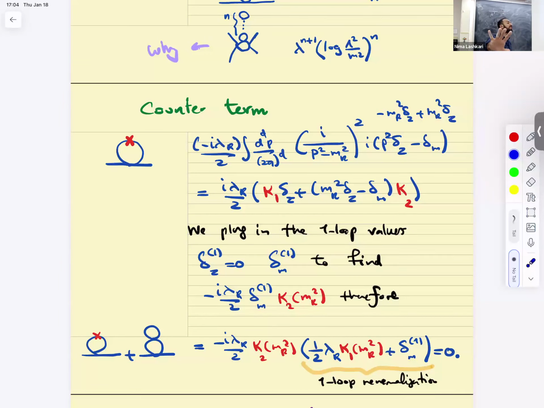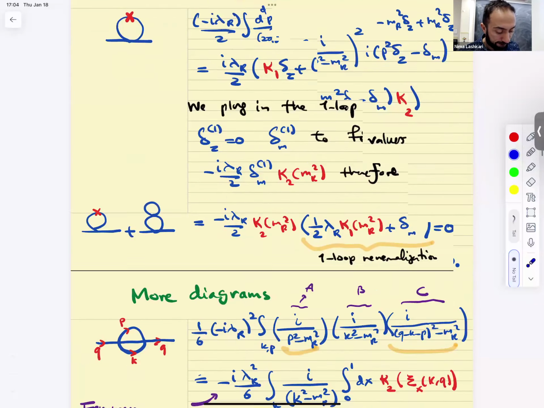So you draw all the diagrams you can, and you just have to add them up. So you see, in principle you always have to assume a term like this. But if you can cancel the divergences without it, you set this term to zero. That would be a special case. We'll see that in this scalar field theory, we'll need it, not to cancel this divergence, but to cancel another divergence. Good.